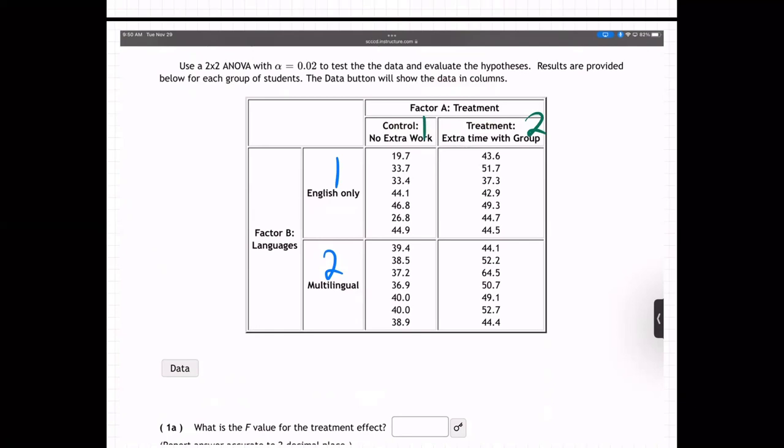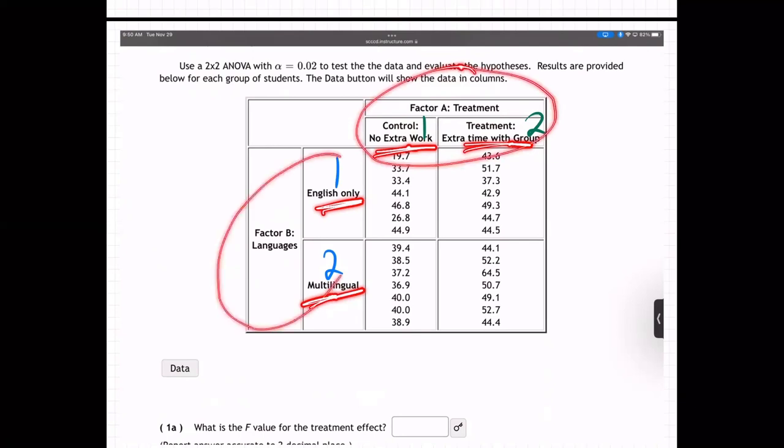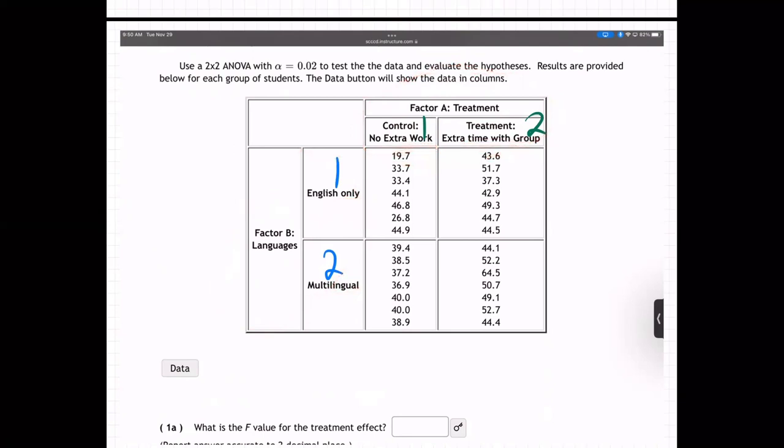Is it whether they have group time or not, or whether they're an English-only speaker or multilingual? Does the group thing affect it more? Does the language thing affect it more? Or maybe the interaction between the two, only the multilingual people in groups or something like that. Whenever you have more than one factor affecting something you're trying to research, which is really common in all kinds of fields, you do a 2-way ANOVA test.